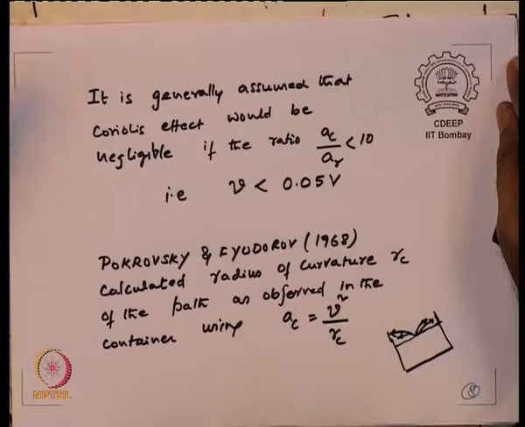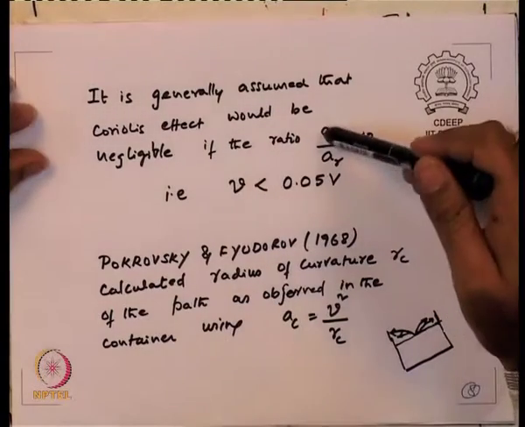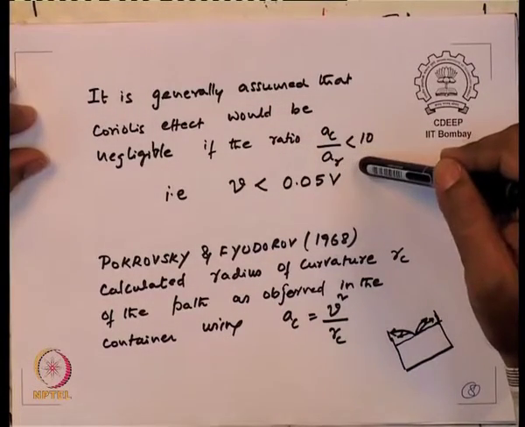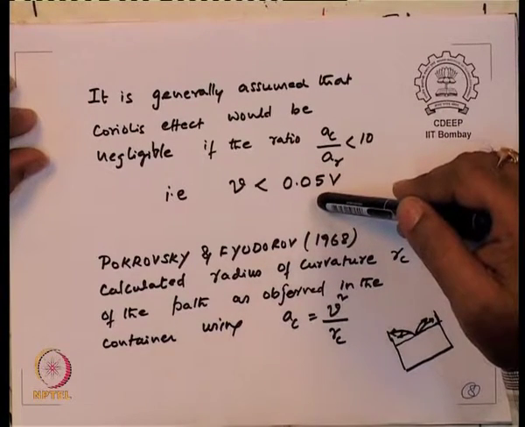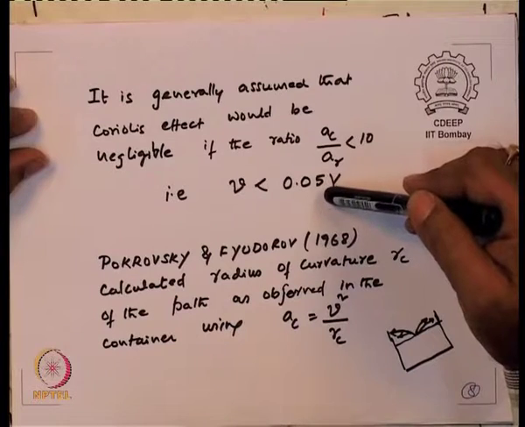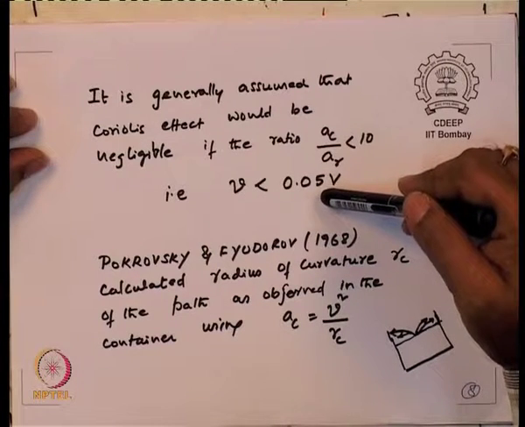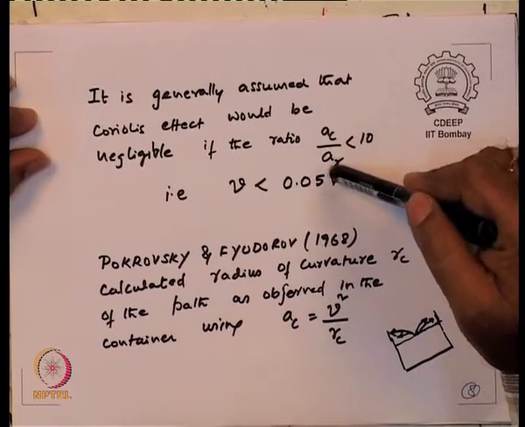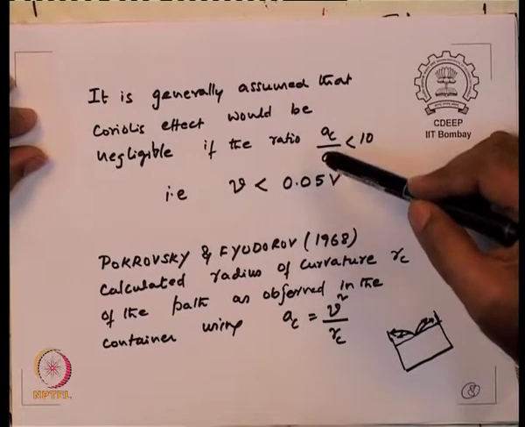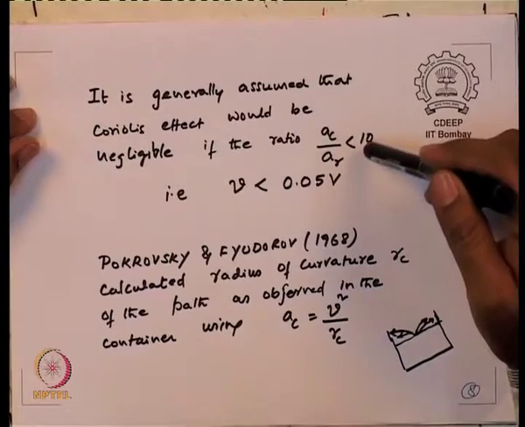So for Ac by Ar less than or equal to 10%, what we need is that v has to be less than or equal to 0.05 V. If this is so, we can say that the Coriolis effect is negligible. That means that the model is not subjected to Coriolis effect.